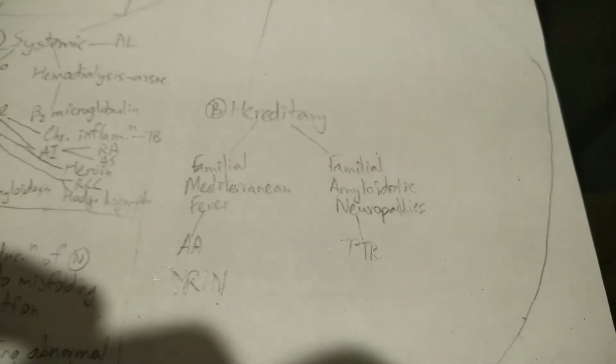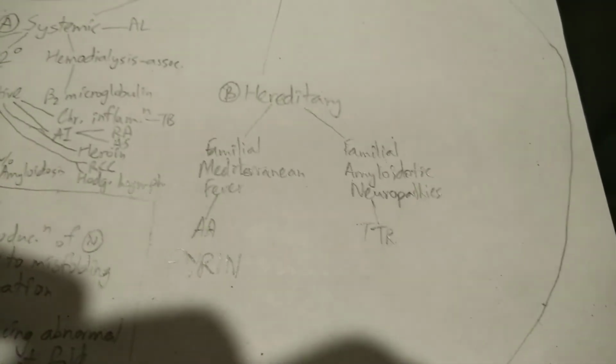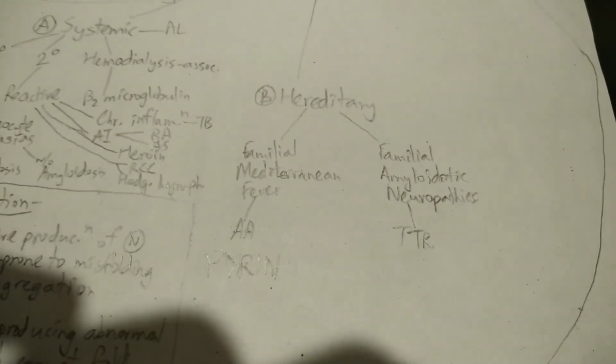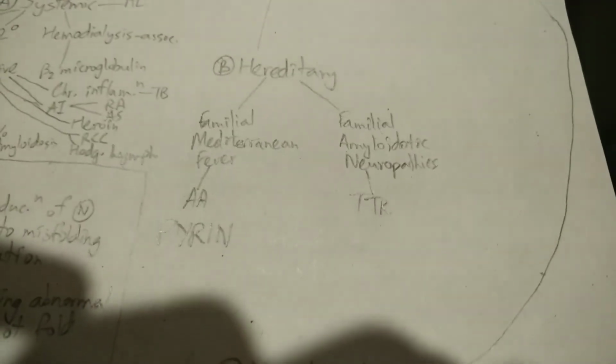And then there are familial amyloidotic neuropathies, as I described earlier, where it gets deposited in the nerve bundles of peripheral and autonomic nerves. On biopsy, you find fibrils being deposited here, often containing mutant transthyretin proteins.